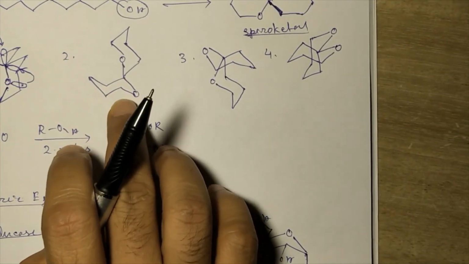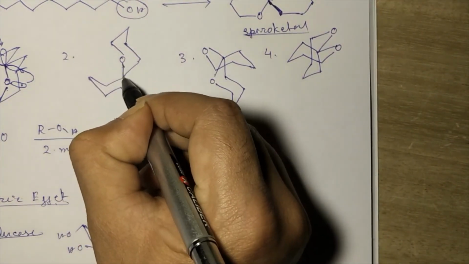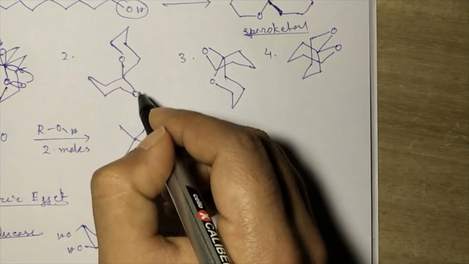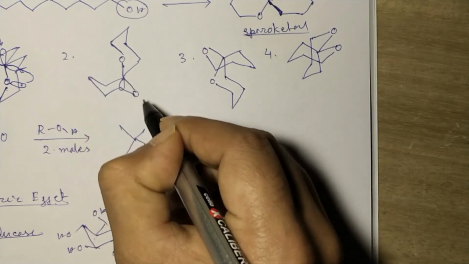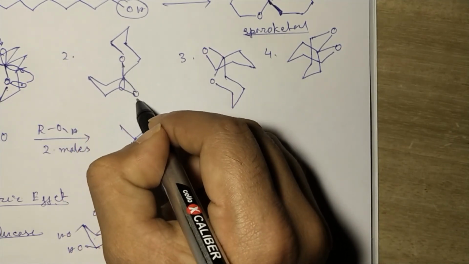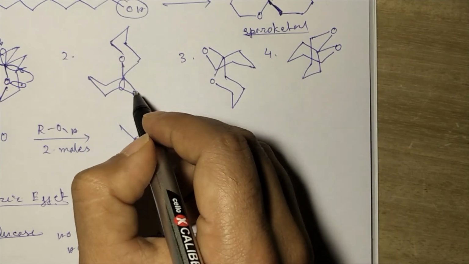On the other hand, in this ring, this electronegative group is attached axially. So here the anomeric effect will be observed.